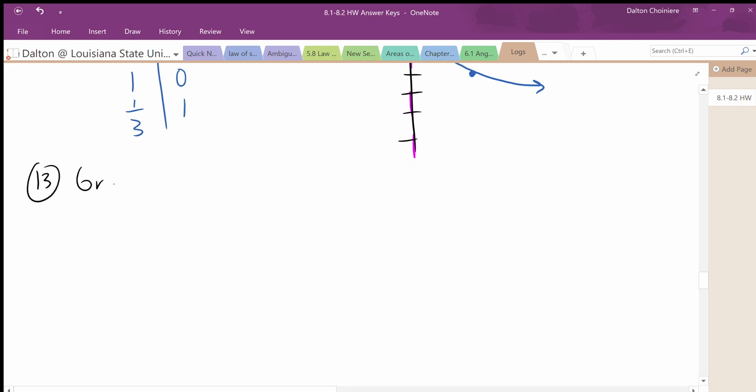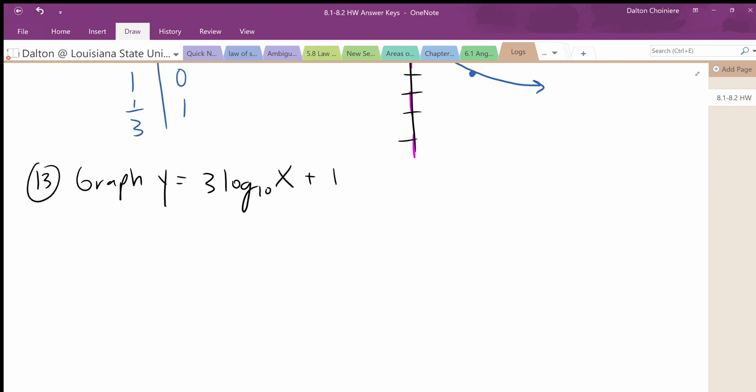Okay, 2 more, number 13. Same directions, I want you to graph this time y equals 3 times log base 10 of x plus 1. So obviously this one has complicated things slightly. Before I do anything, I want to write out in words the transformations occurring on this logarithm compared to usual.